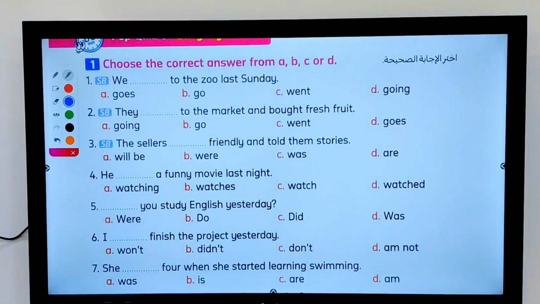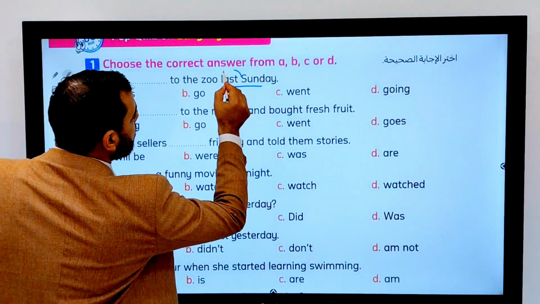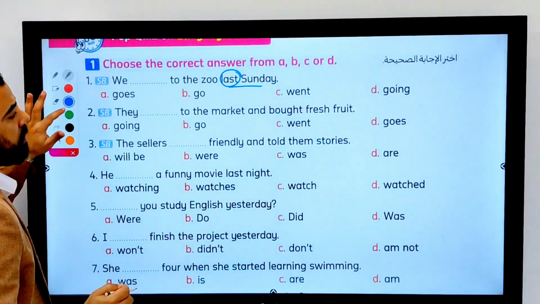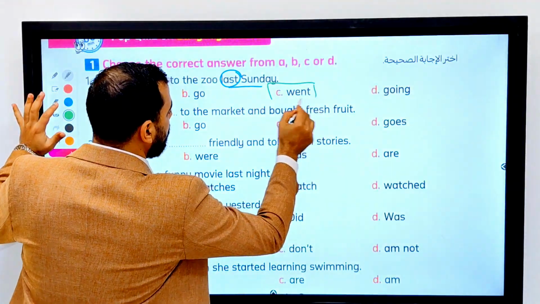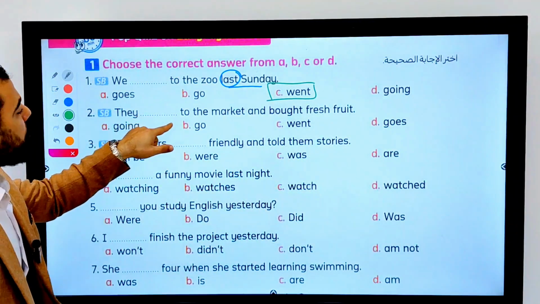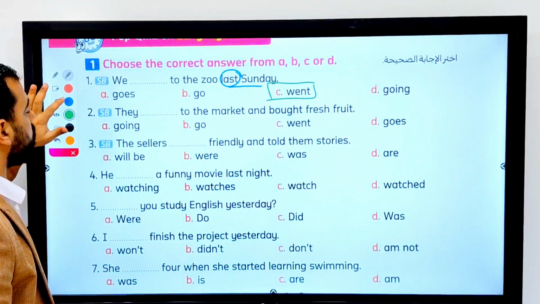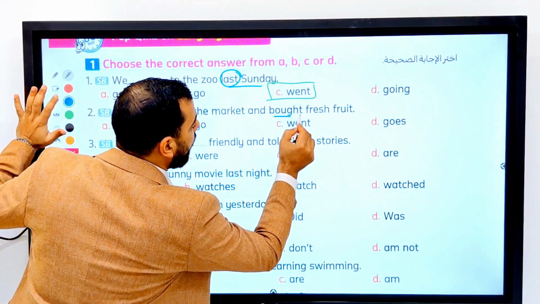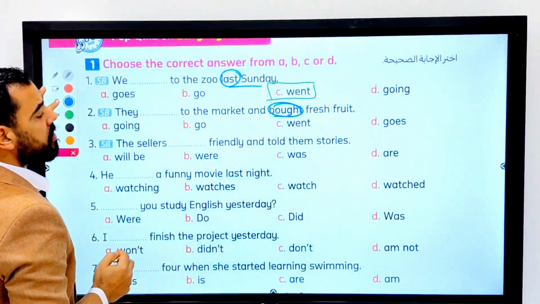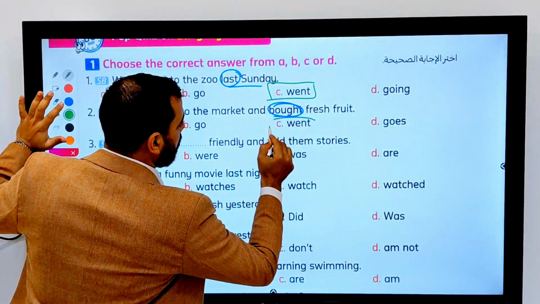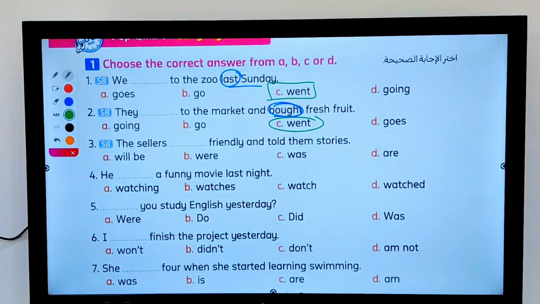We went to the zoo last Saturday. This is a key word about the past. They went to the market and bought fresh fruit.